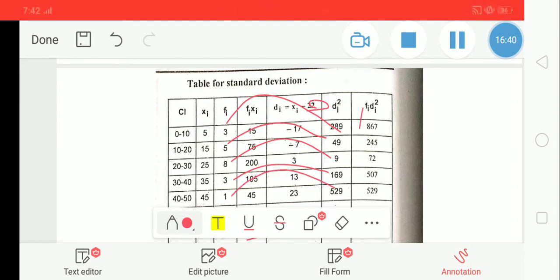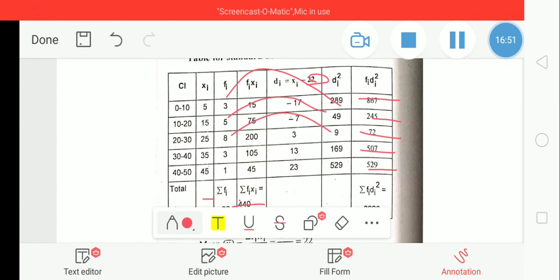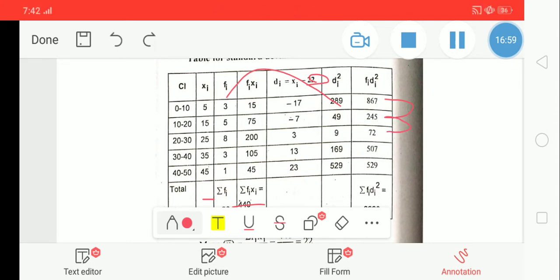So they give these values: 867, 245, 72, 507, 529. Take the summation of all: 867 plus 245, plus 72, plus 507, plus 529.